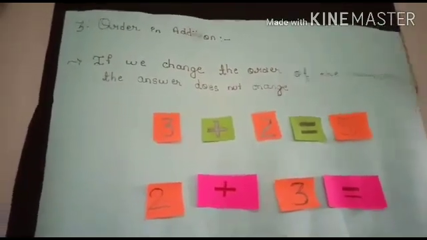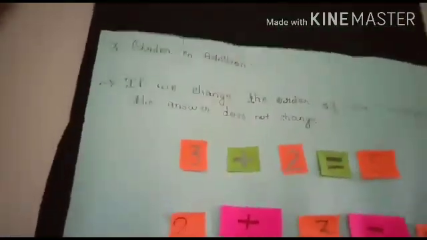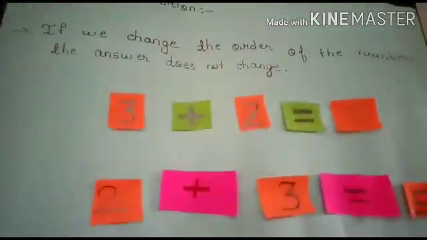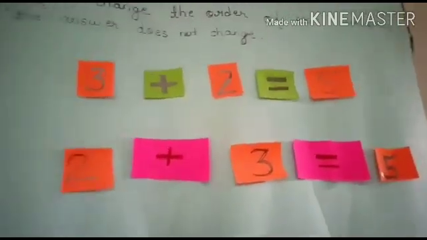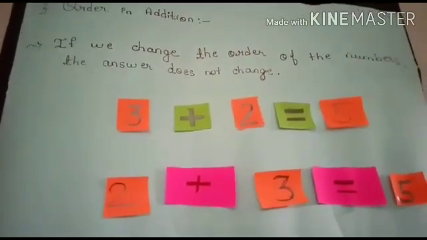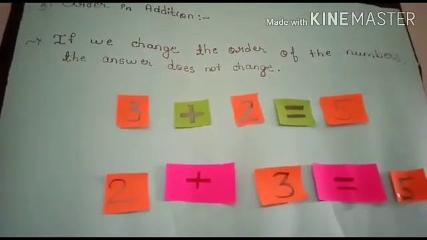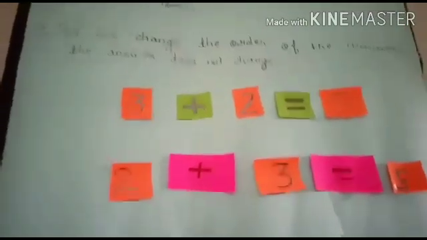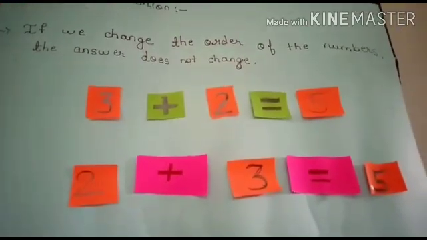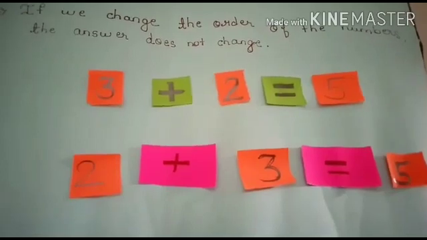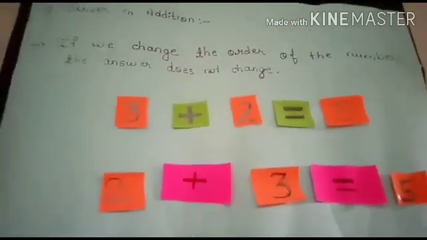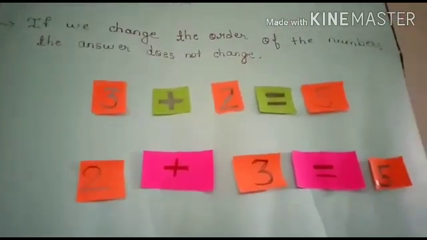So what is our sum? 5. Are these both answers the same? Yes. So if we change the order of the numbers, the answer does not change. So whether you do 3 plus 2 or 2 plus 3, the answer will be the same. Let us do one more example.